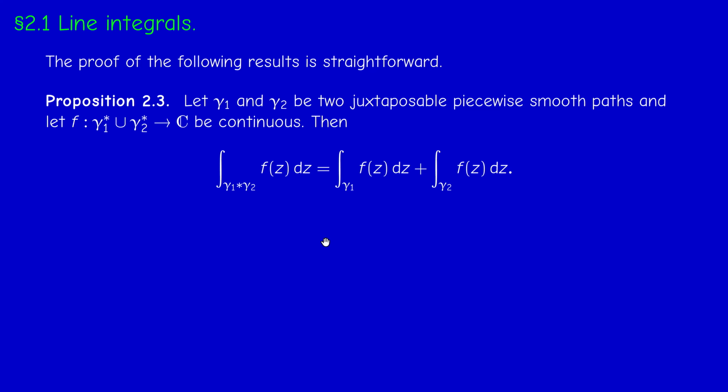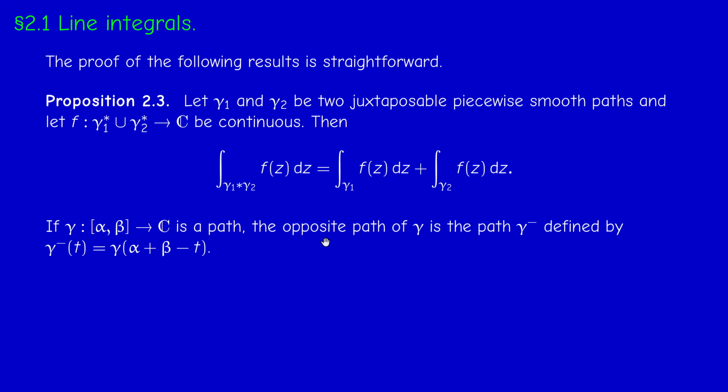This is something very straightforward to see, and probably you know that. This is actually how, in practice, you compute integrals along complicated paths. We split them into small pieces, we integrate along each one, and then we do the summation. So this is a practical rule if you want to compute the integral.